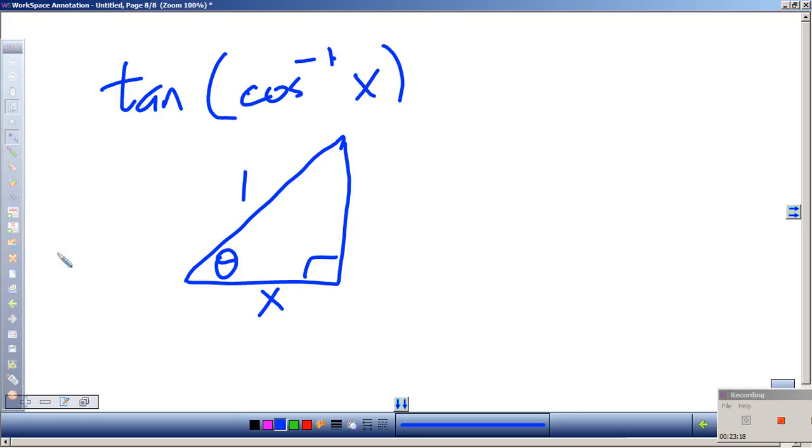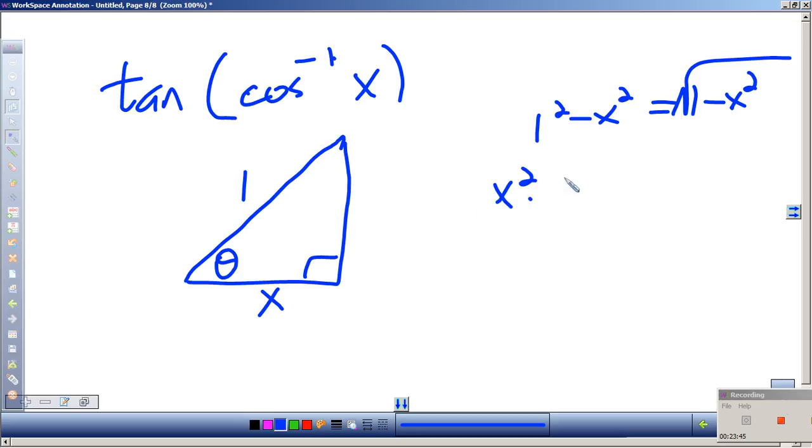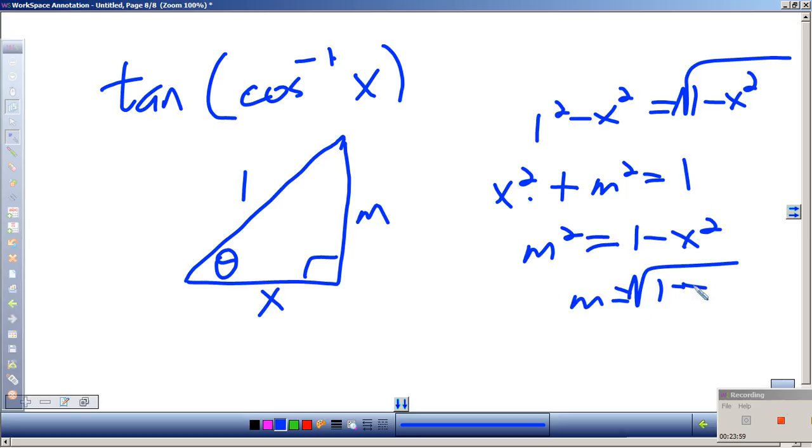Now, we need to get the tangent of this angle. So how do we get the third side of this triangle? We can say x squared plus m squared equals 1, and our goal is solving for m. So m squared equals 1 minus x squared, so m equals the square root of 1 minus x squared.